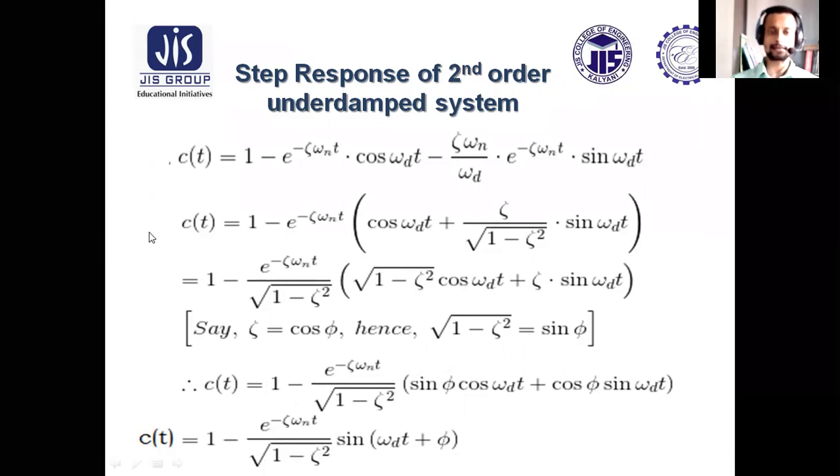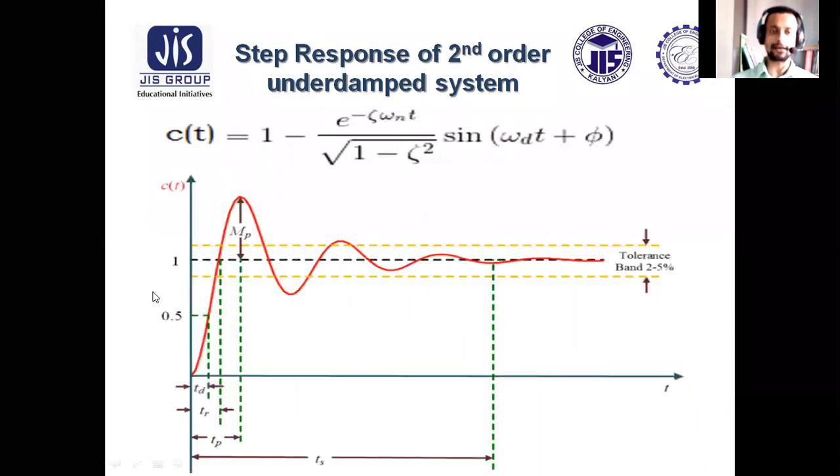Now let us analyze the expression and obtain the graph which is varying with time. So here the output response is varying with time like this. This graph is obtained based on this equation. Now see here, this is a sine part, so output is a sinusoid.